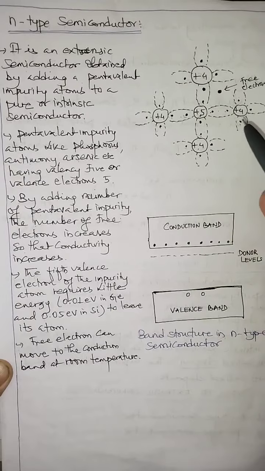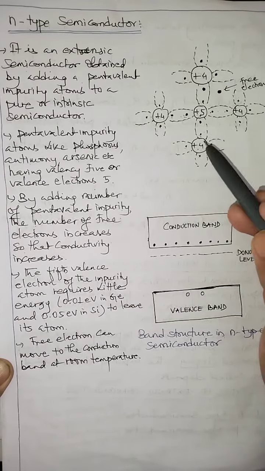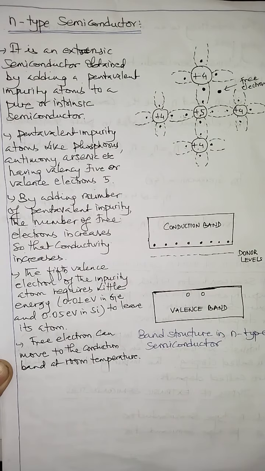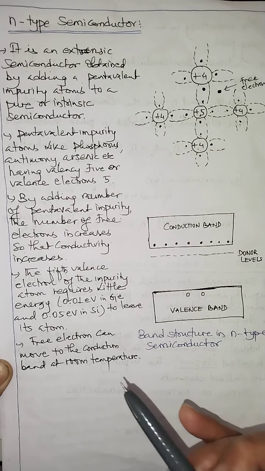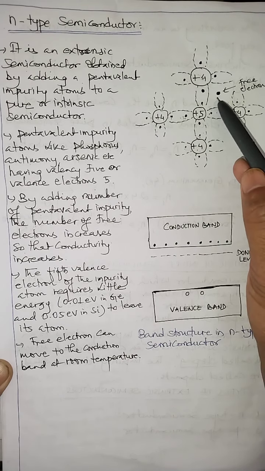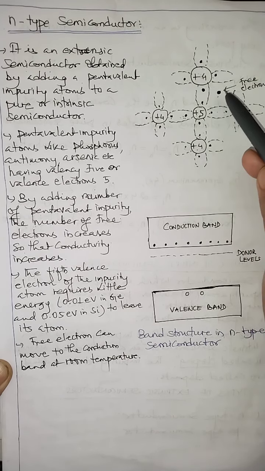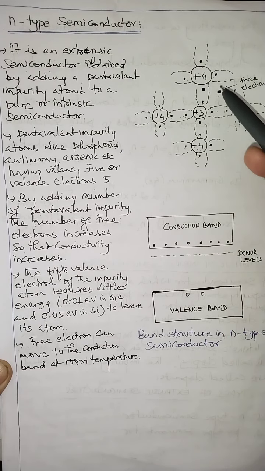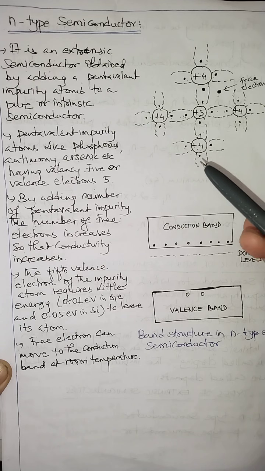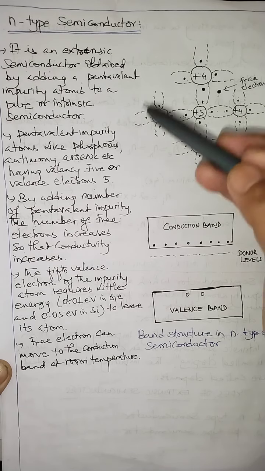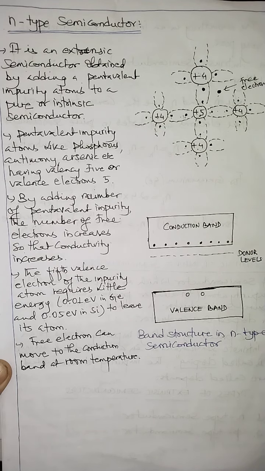And this impure semiconductor is also called N-type semiconductor. It's called what type? N-type semiconductor. Why is it called N-type semiconductor? Because it has an excess of negative charge as free electrons. Because out here, free electrons will be the majority charge carrier. There will be an excess of free electrons which can conduct electricity when this semiconductor is connected to the battery or cell.